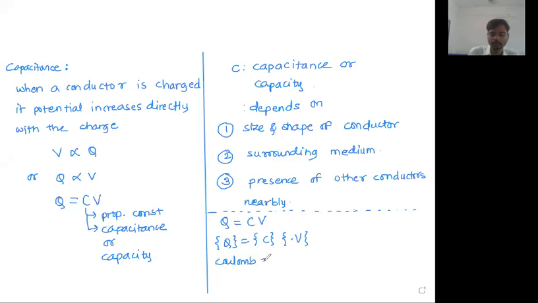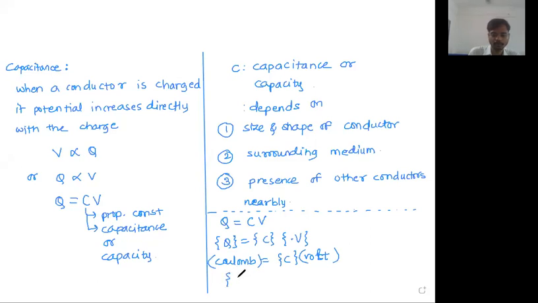Let me write it completely, because otherwise you will get confused between this C and this C. Unit of Q is Coulomb, unit of capacity that we want to find out, and unit of potential difference is volt.